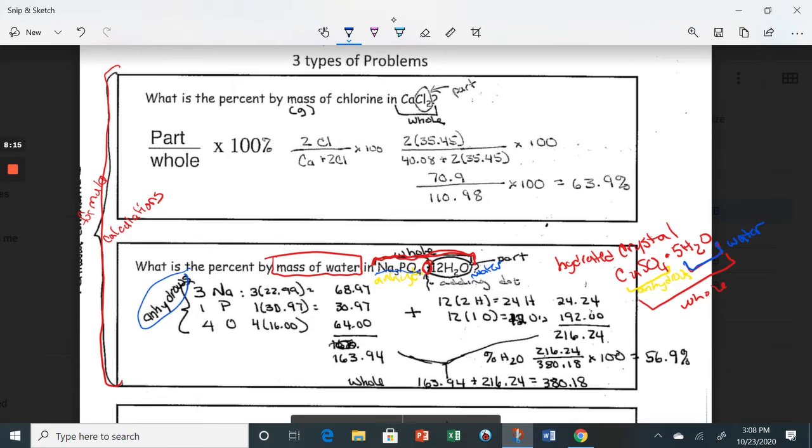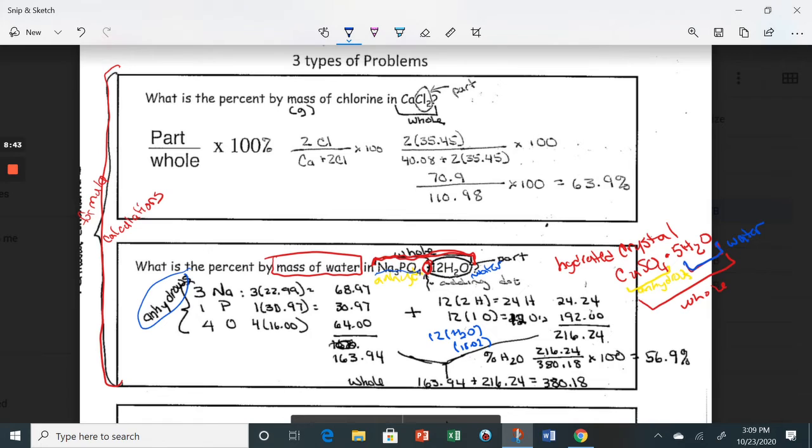You can do it the way I did here, where it's 12 times 2, so I have 24 hydrogens, 12 times 1 oxygen, 12 oxygens, and I add it up. But the other way you can do it is 12 times the weight of a water, and the weight of a water is 18.02, so it's 12 times 18.02. Either way, as long as you get your final mass of your water.